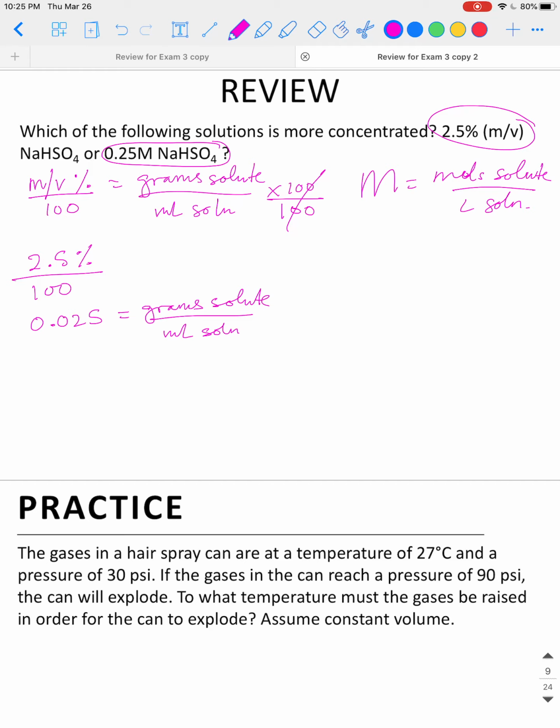So what you do here is plug in your own numbers to give you this value of 0.025. I understand this seems a bit ambiguous. What I like to do is just assume some nice even numbers.